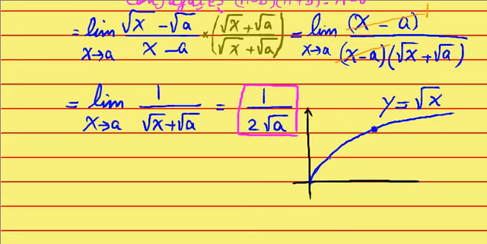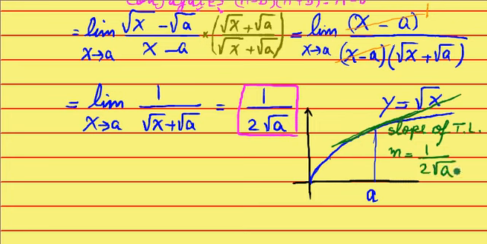So if I have chosen to start at the point a, and my question is what is the slope of the tangent line here, the slope of the tangent line is m is equal to 1 over 2 radical a.